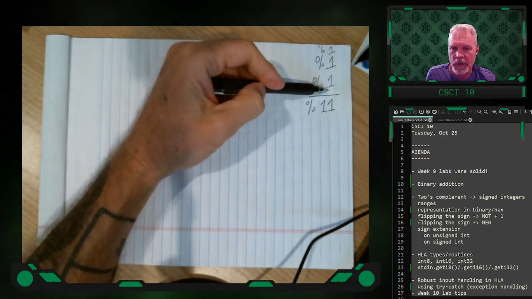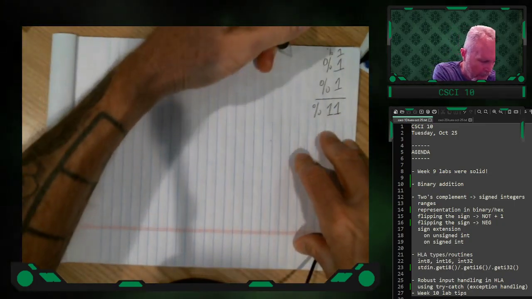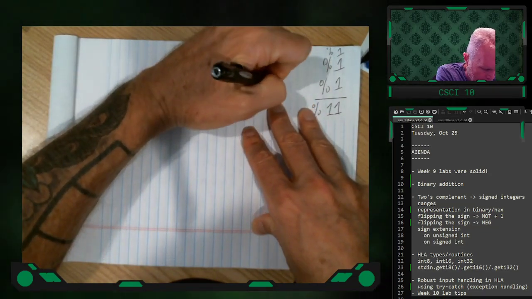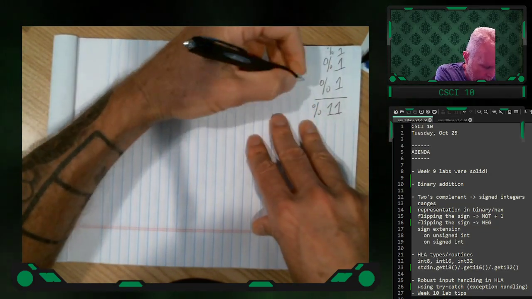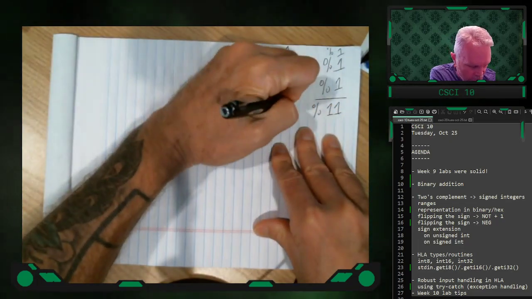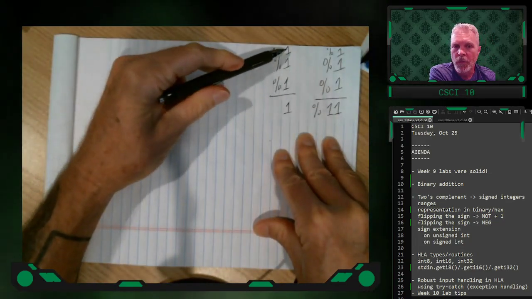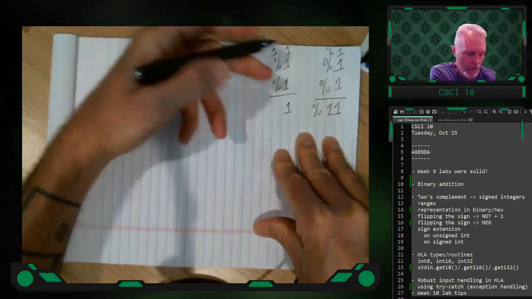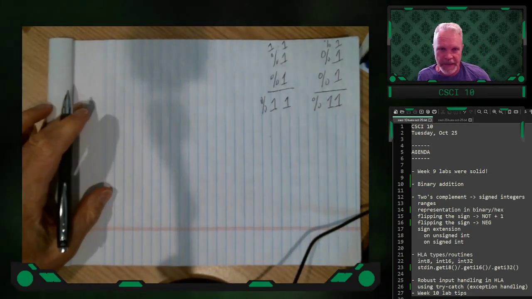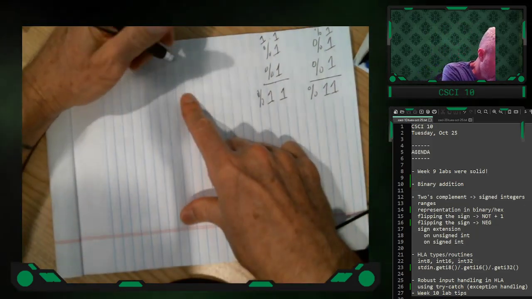But the way to remember this as a rule is that 1 plus 1 plus 1 is 1, carry a 1. Which will help when we get some nastier problems going. So let's try a couple of nastier ones.